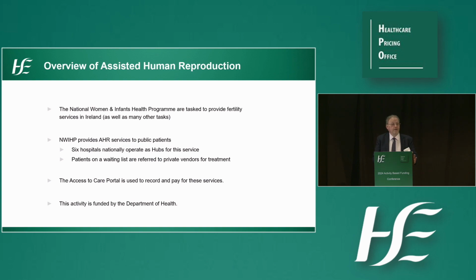They needed a way of referring these patients out and then paying the vendors for the work they do. That fit exactly in our system, so we were able to expand it to do that as well. And once again, that's all activity funded by the Department of Health.